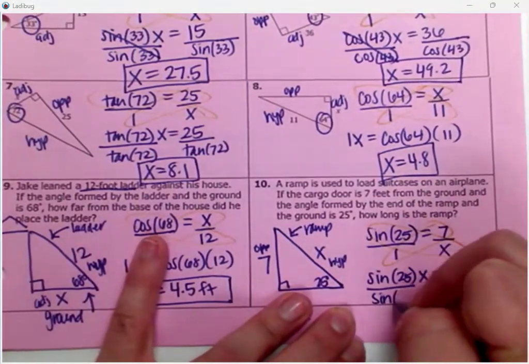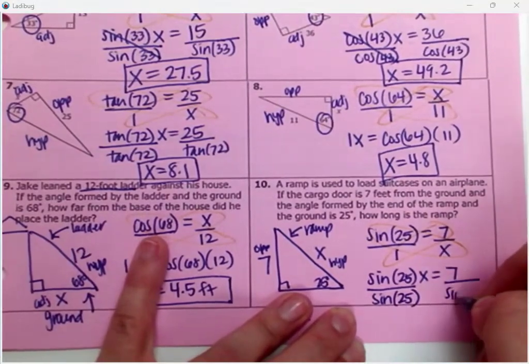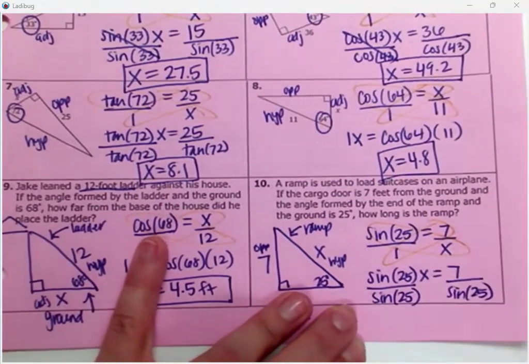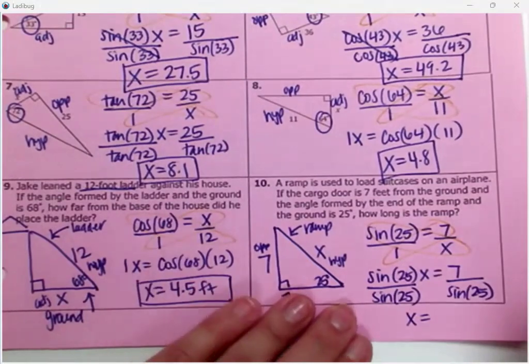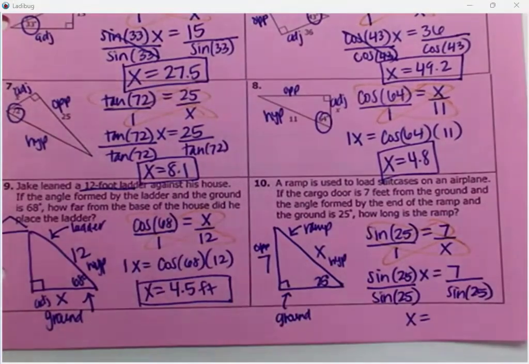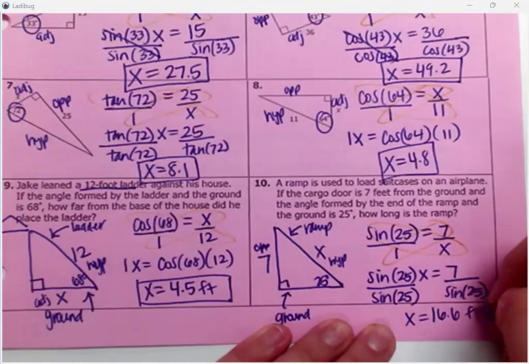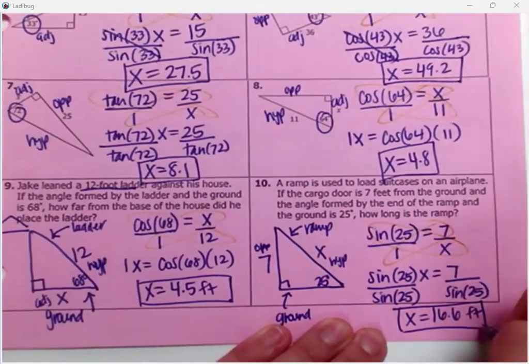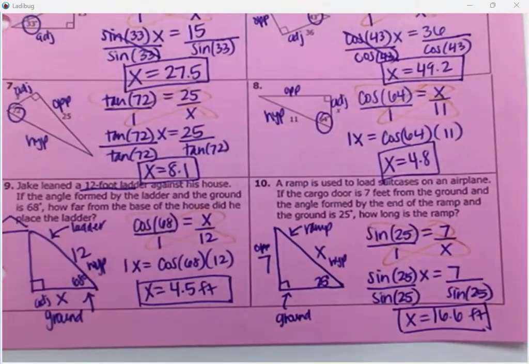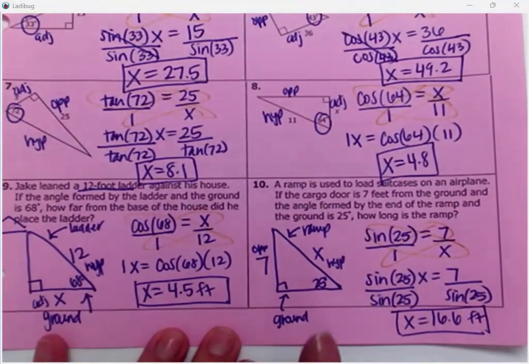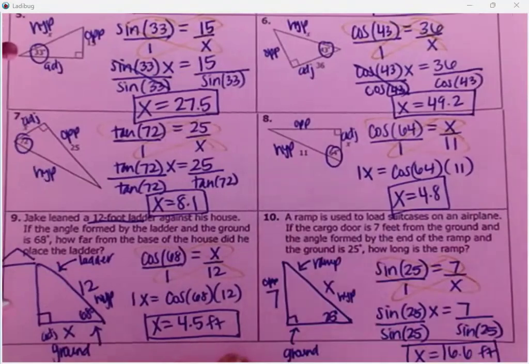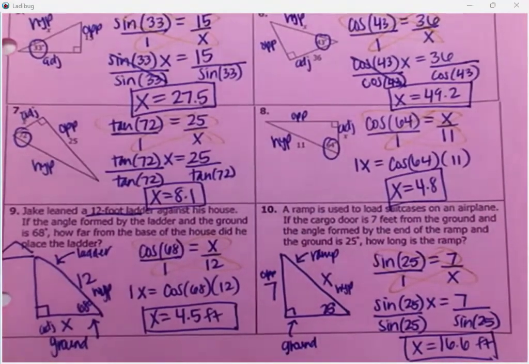Divide both sides by sine of 25. What does x equal? 16.6 feet. Okay. So be careful when you are labeling based off of the angle given to determine if it's a SOH, CAH, or TOA. Okay?